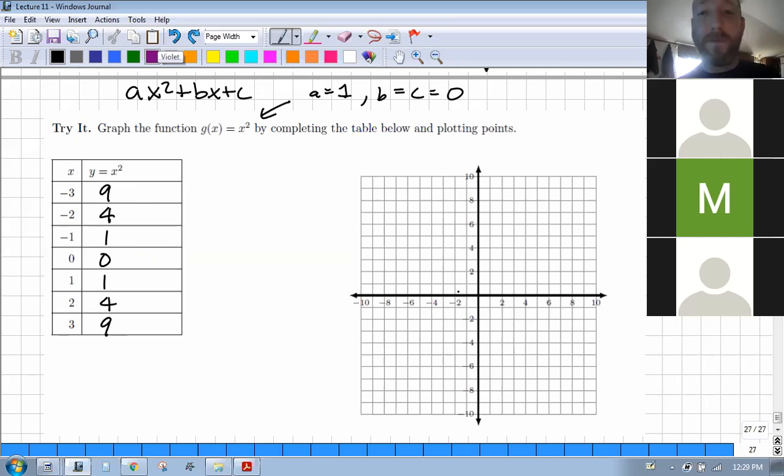So if we graph this, at negative 3 we go up to 9. Negative 2, we go up to 4, negative 1, we go up to 1. And on the right-hand side, 1 squared is 1, 2 squared is 4, 3 squared is 9. This is our graph of x squared. F of x equals x squared.